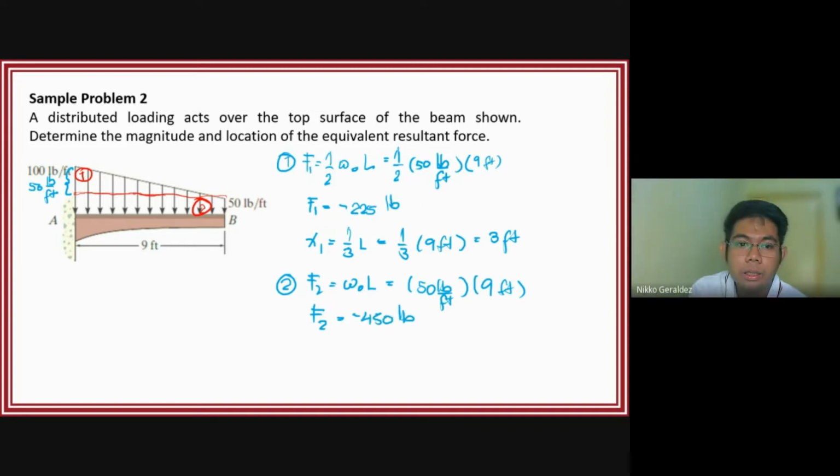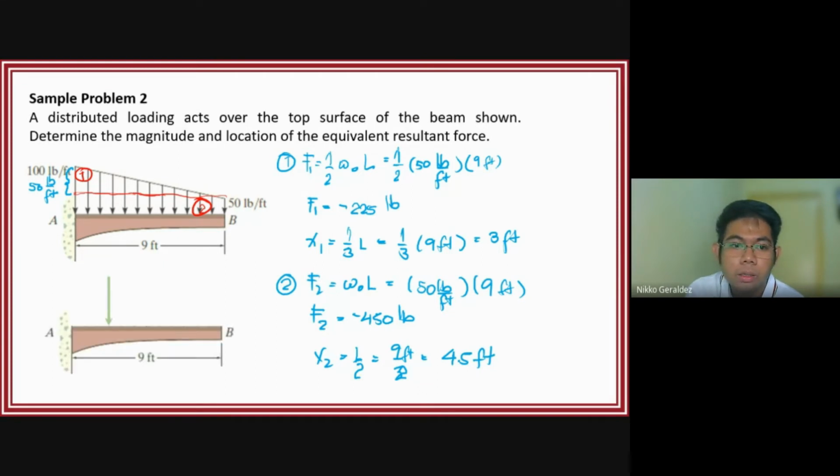Now, what is the position? We call it X2, the position from point A, which is L over 2, so 9 feet divided by 2, equal to 4.5 feet. So this is your F1, and this is your F2.